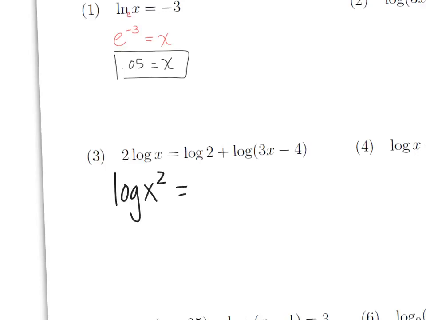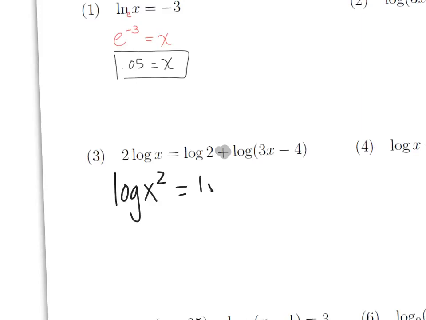And then, Joe, what were you saying to do on the right side? You could combine the logs, and what would you do with those? You multiply them, because this says plus, so I need to multiply my 2 and my 3x minus 4.